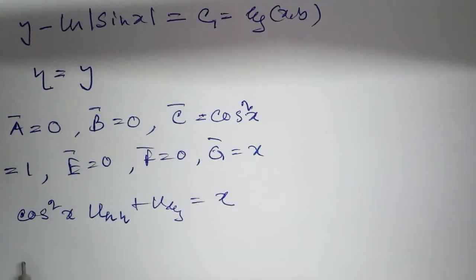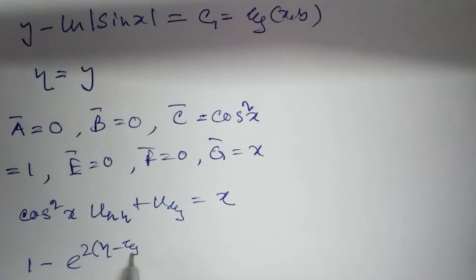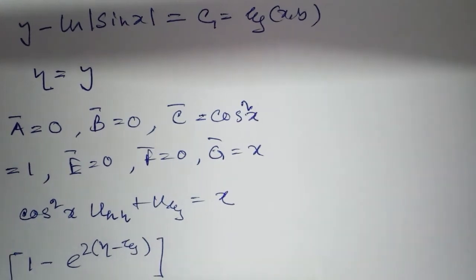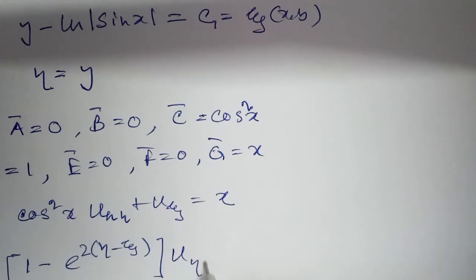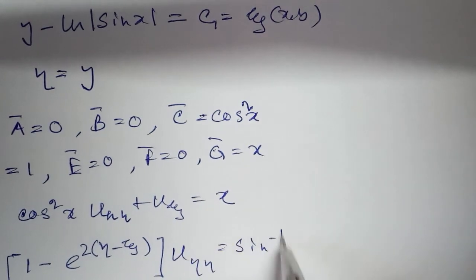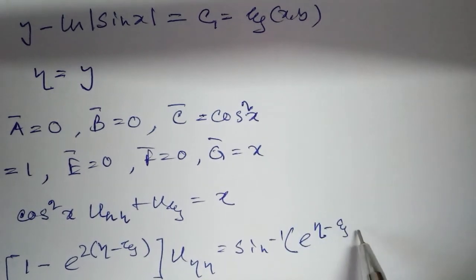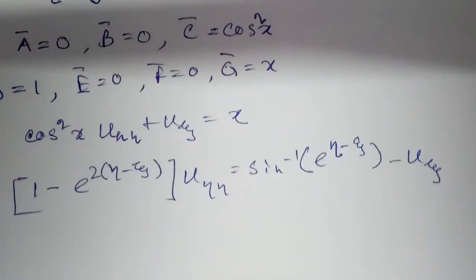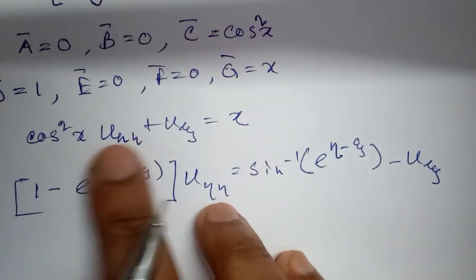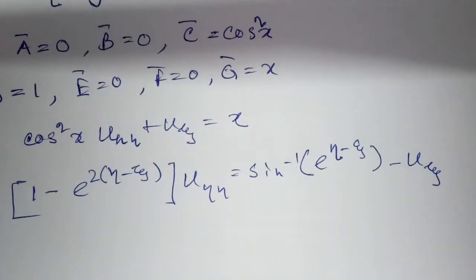And simplifying we have... replaced x... so after replacing this x and this cos square x we have this relation, and this is completely with respect to xi and eta.